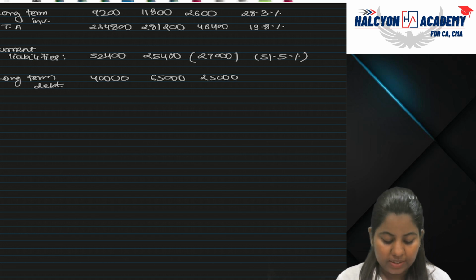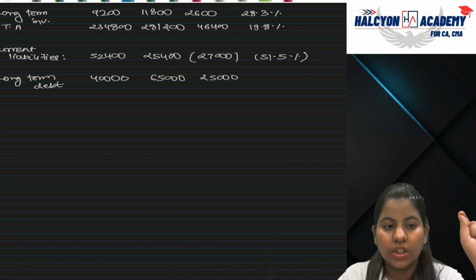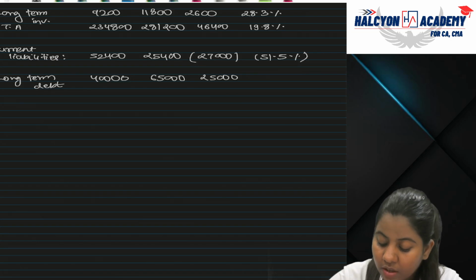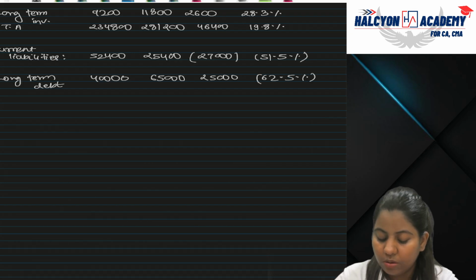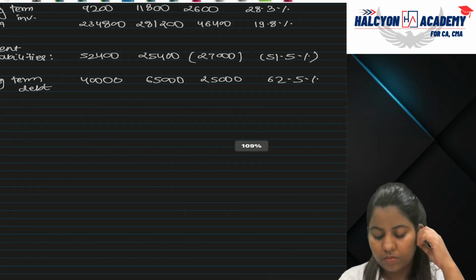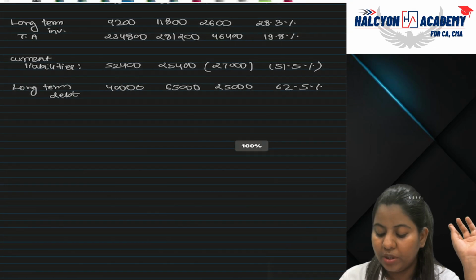So what will be the percentage change? Percentage increase will be 25,000 divided by 40,000 into 100. So it will be rounded off to 62.5%. So there is an increase by 62.5%.